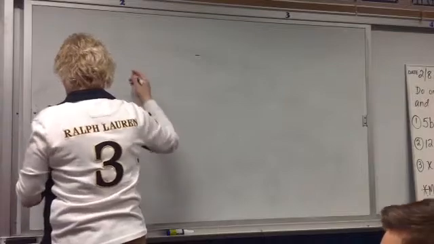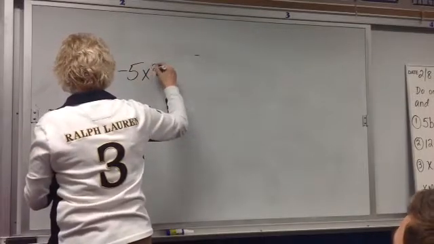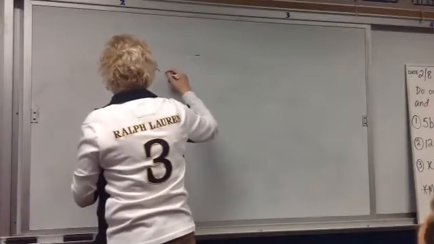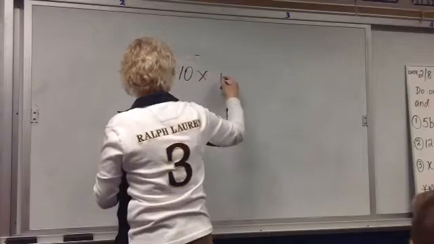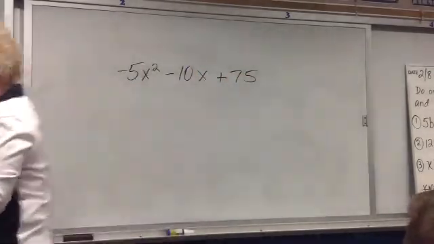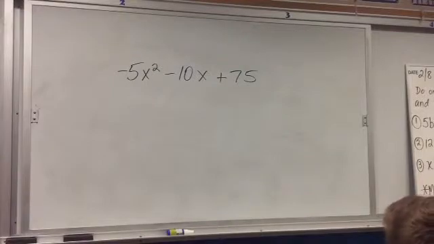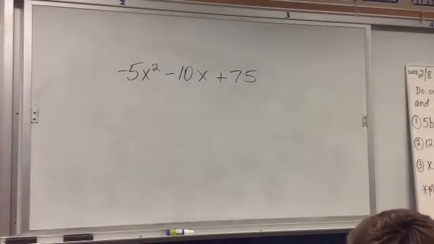You don't want one that doesn't factor. Oh, it's negative? Oh no. I don't think I can do it. Oh, please, you can't divide by 5. Dang. 25 and 3.